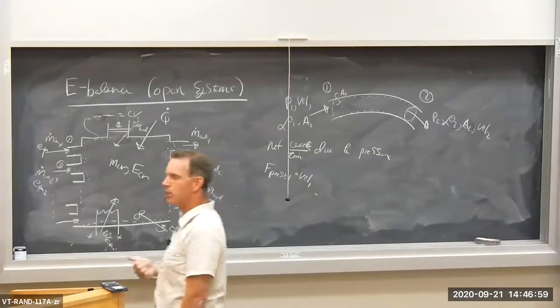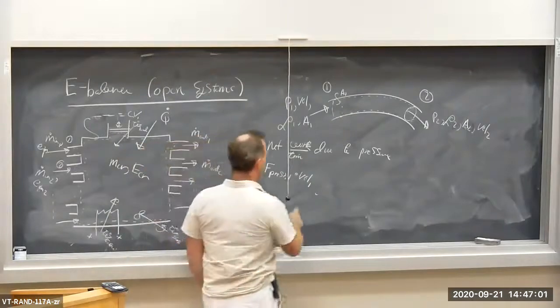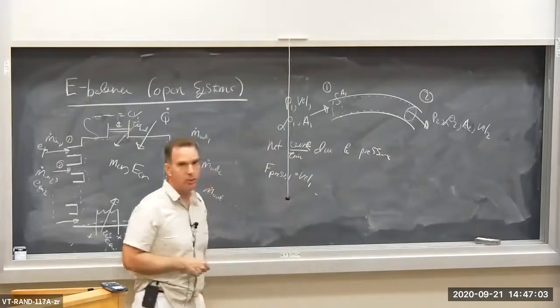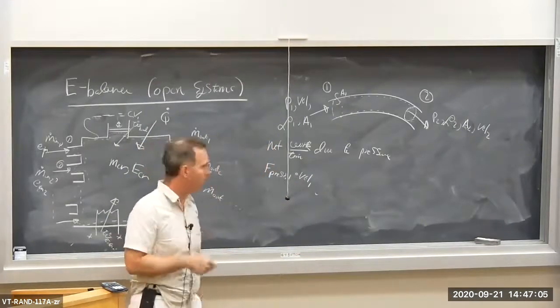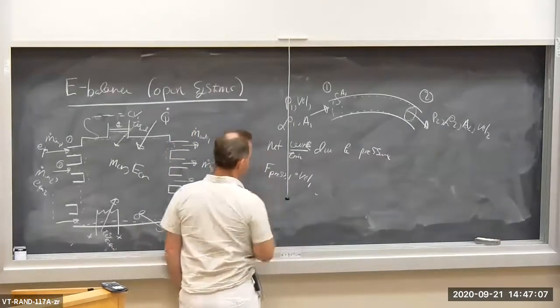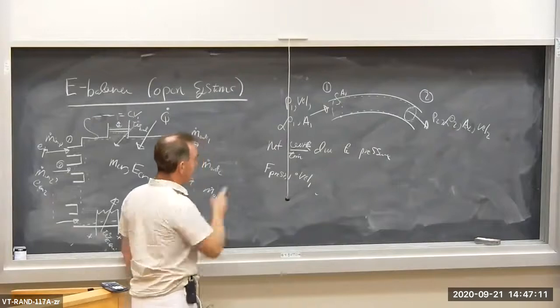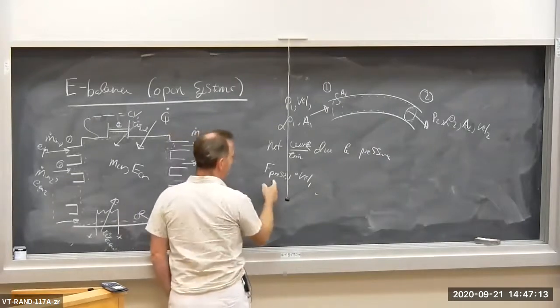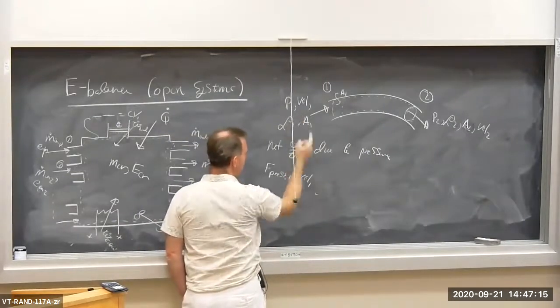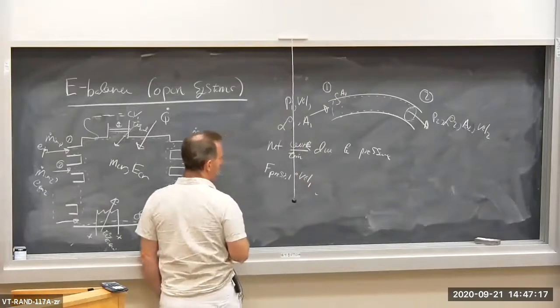A force times a distance is work. So force times distance divided by time gives me power. So this is pressure power on the left-hand side: F pressure at location 1 times the velocity at location 1.